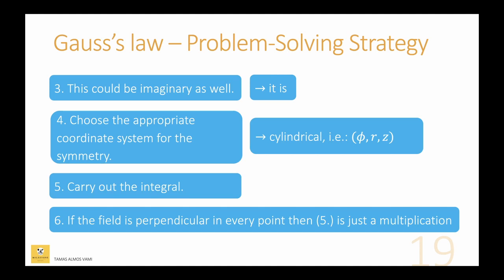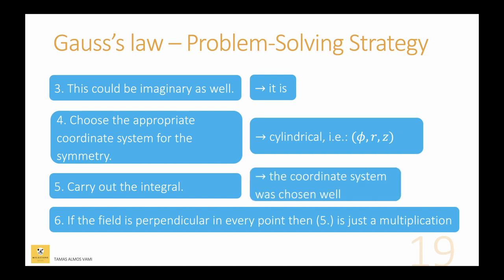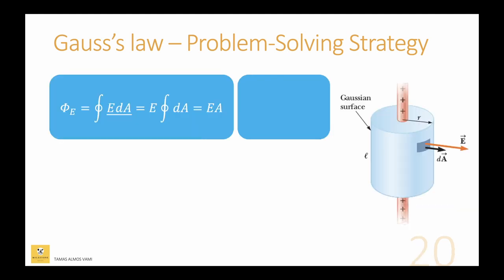These two things are just a multiplication, so the electric field has the same value at every point, and we can take it out and take the integral of the little area, which will then give us the full area.